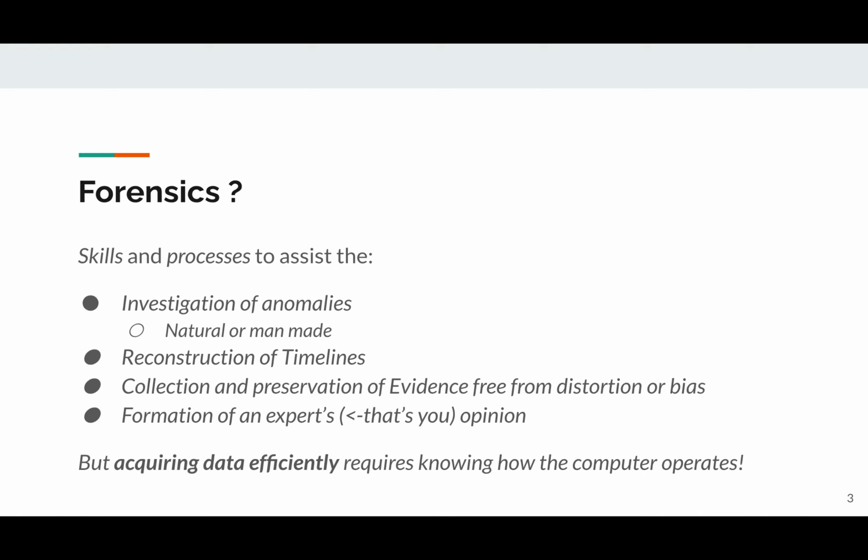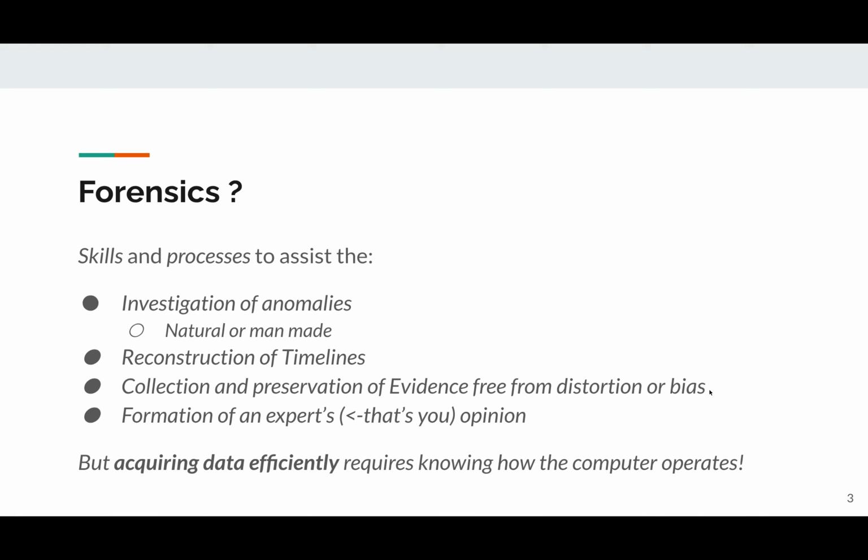It needs to be free from any distortion or bias, because when we're presenting our opinion, it might become part of a legal determination, and it is very important when other people's lives are at stake to make sure that whatever opinion we start developing is only grounded in reality and evidence that we have actually seen and measured ourselves.